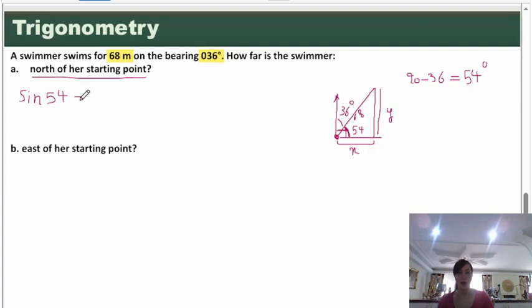Sine of 54 equals the opposite side, which is y, over the hypotenuse, here 68. The sine of 54 is 0.81. Multiplying by 68 by cross multiplication, I find y, which is approximately 55 meters.